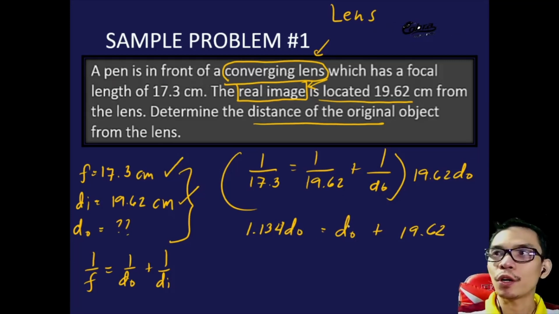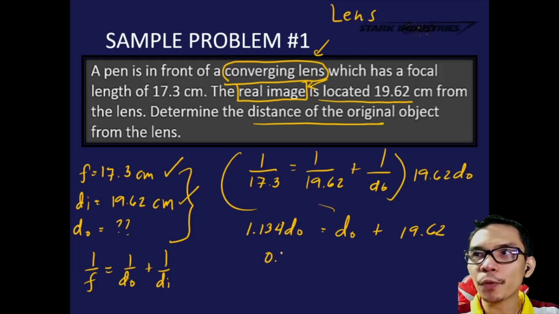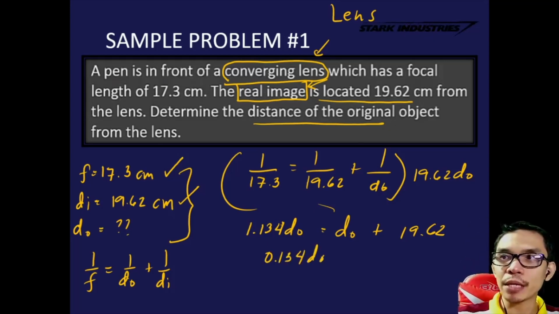So there you go. So transpose this one over here: minus 1 plus 1.134, so that will be 0.134 d sub O.